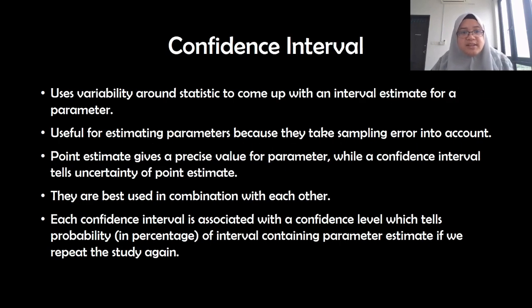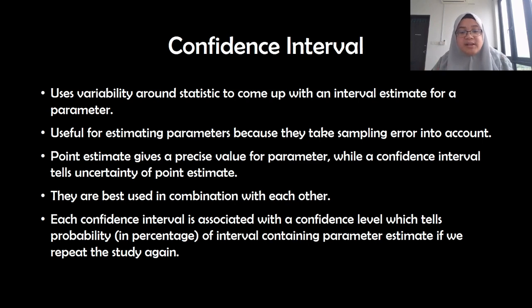In a confidence interval, we use variability around statistics to come up with an interval estimate for a parameter. It is useful for estimating parameters because it takes sampling error into account. A point estimate gives a precise value for the parameter, while a confidence interval tells the uncertainty of the point estimate. So they are best used in combination with each other.